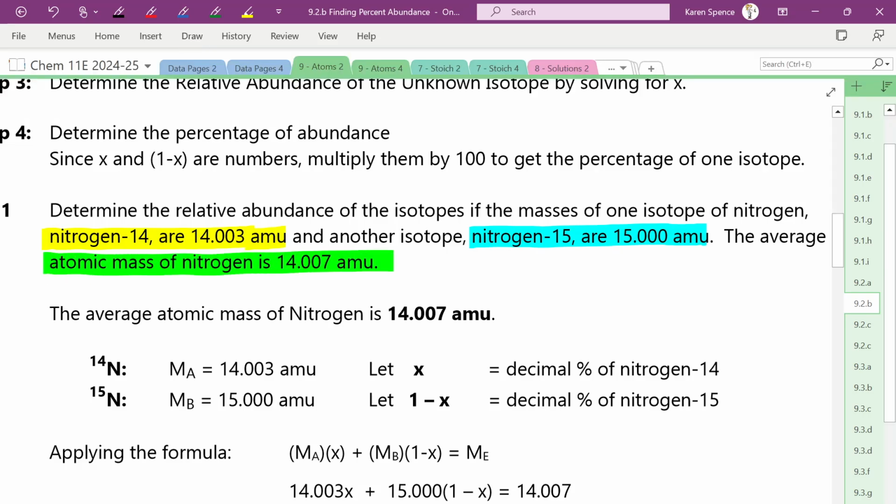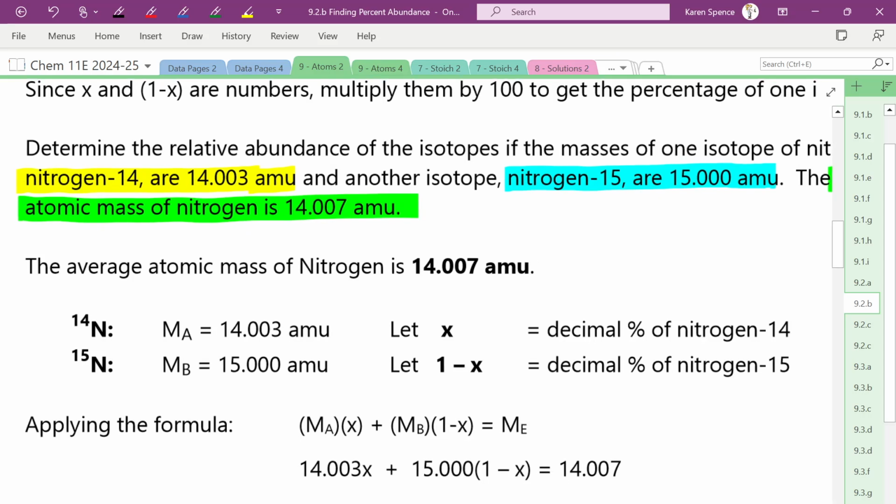We go on to a fancy periodic table with a lot of decimal places, and we get 14.007. Yes, your periodic table only goes to 14.0. If you use the AP one, it goes to 14.00. But we're using a fancy one that goes to many, many decimal places to find the average atomic mass.